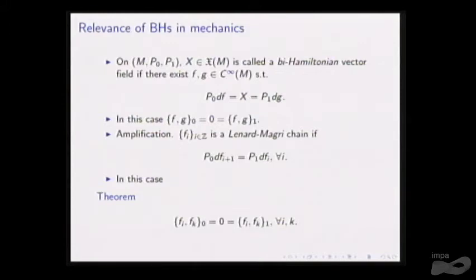It is slightly more complicated to prove that if you have functions F_i satisfying this condition, then any two of these functions are in involution with respect to both brackets. So a Bi-Hamiltonian vector field is endowed with a rich supply of first integrals, which are at the same time in involution.